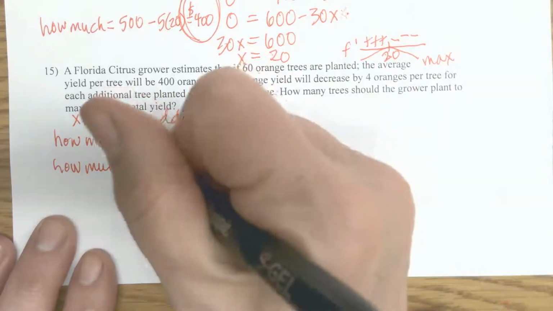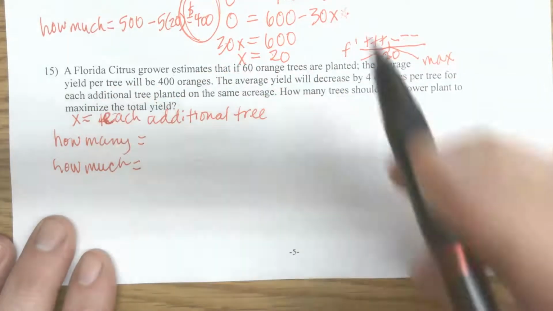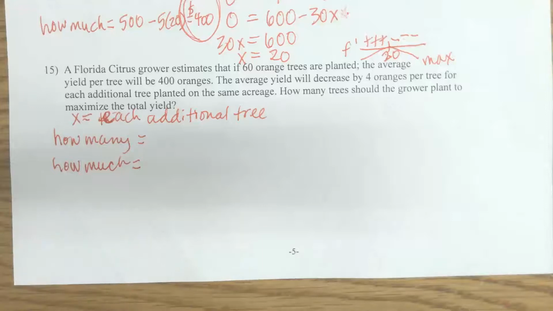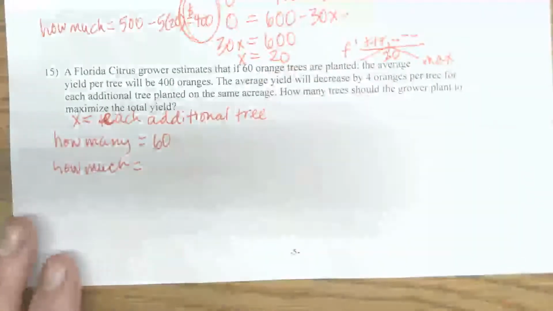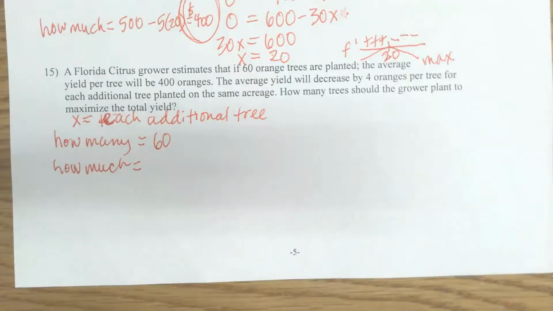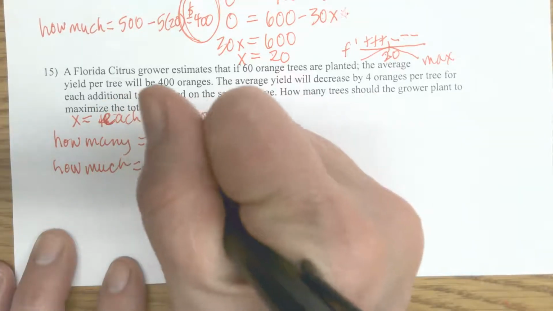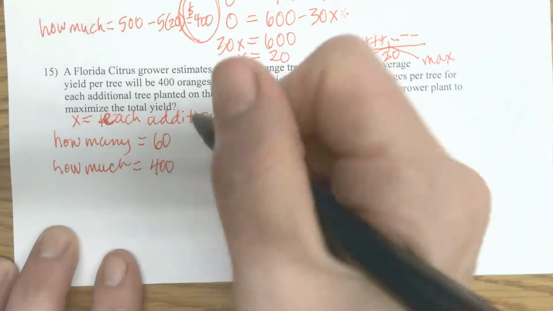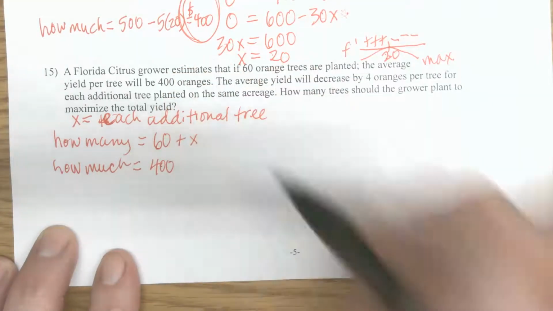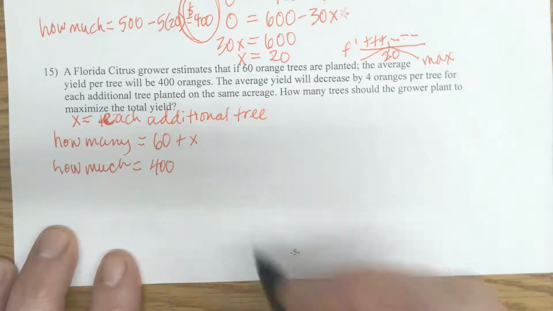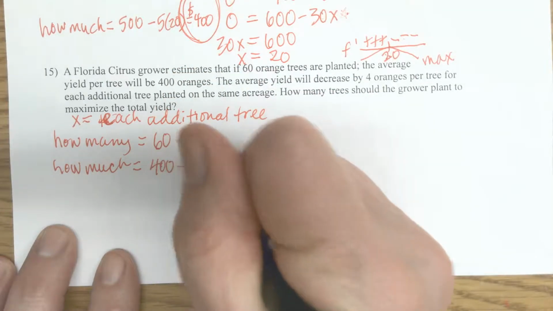Okay? So, how many trees should be planted? How many do we start with? 60. How much are we getting from each tree? 400 is our product yield, okay? For each additional tree, what happens?